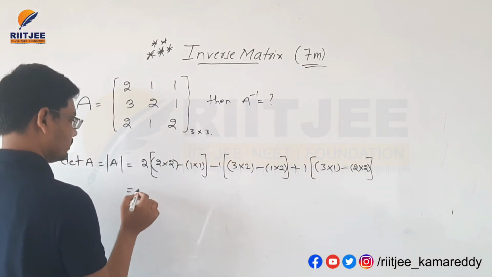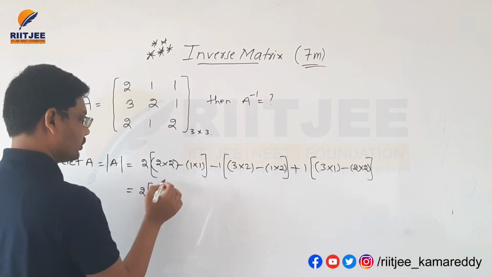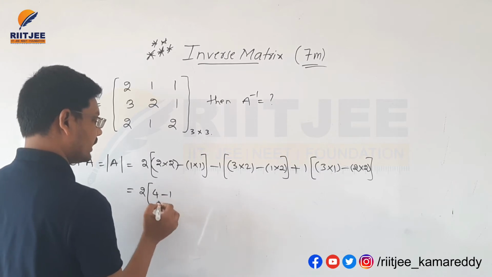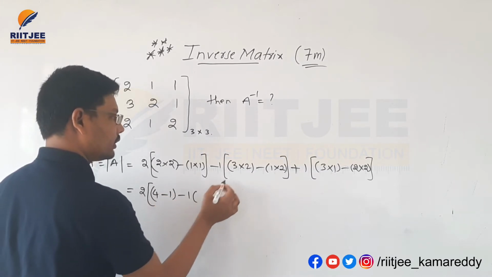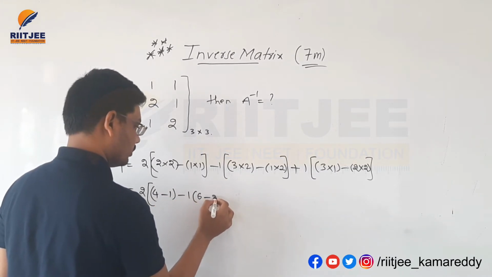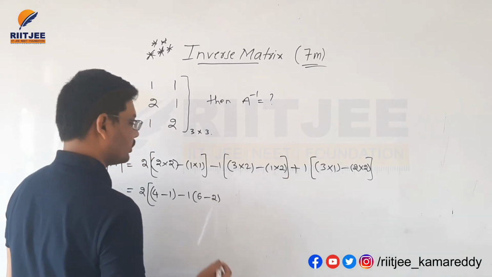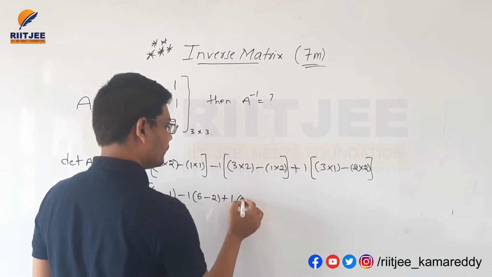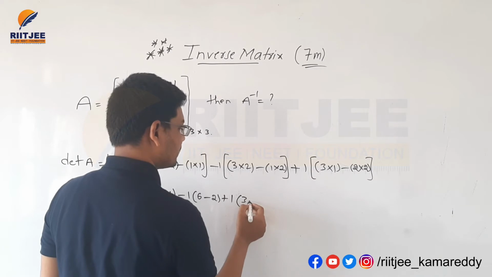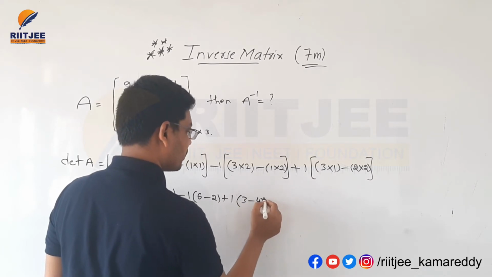Next one, 2 into 2 into 4 minus 1 into 1, minus 1 into 3 into 6 minus 1 into 2 2, plus 1 into 3 into 1 minus 3 minus 2 into 4.